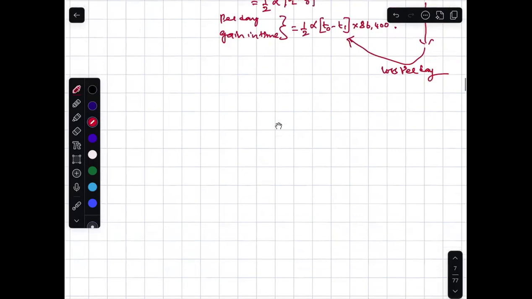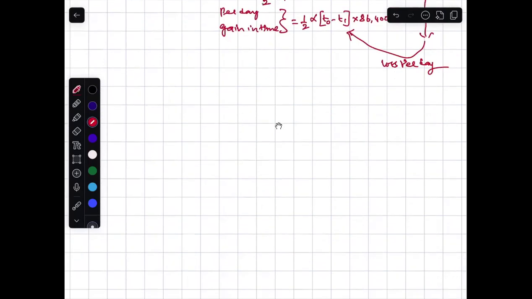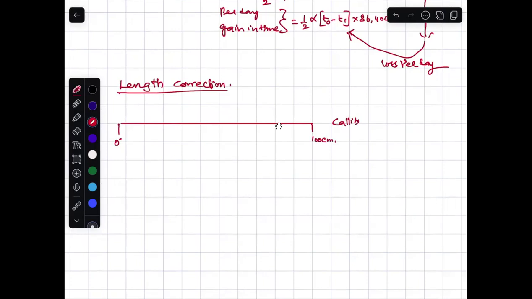Next, error in measuring length. Length correction. Remember, your scale is here, 0 and 100 centimeters, and this is calibrated at T naught degrees centigrade.